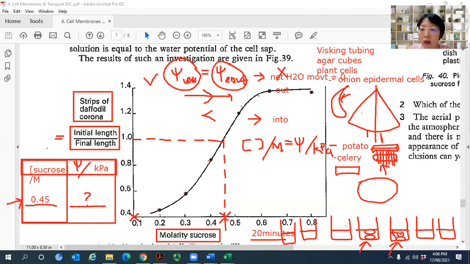So when you allow the water to move out for 20 minutes, what will happen to the concentration of this sucrose solution? Will it increase or decrease or remain the same? Who I've not called today?